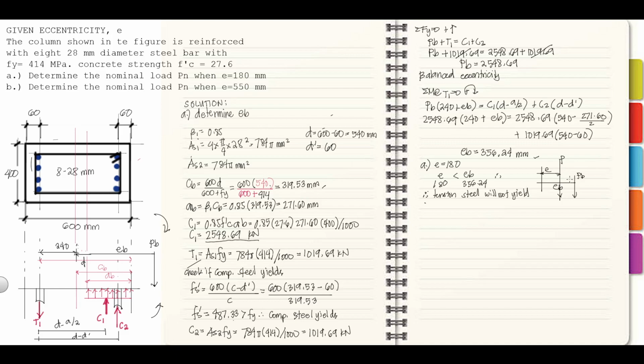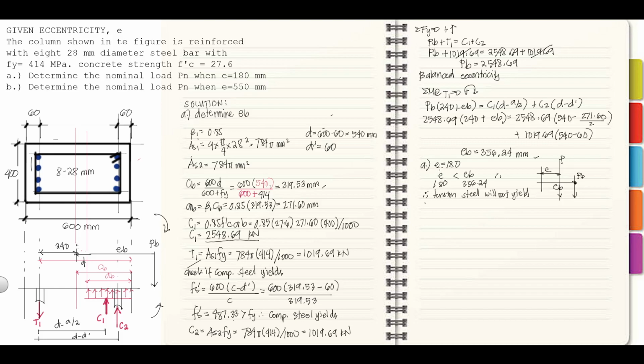Right? Take note, saka lang mag-yield yung steel natin pagdating sa E balance. No? Pag i-load mo na sa E balance, mag-yield yan. Alright? Pero dito, less than pa siya. Ibig sabihin, hindi pa mag-yield yung tension steel po natin. Okay? Yun yung indication natin. Okay? Kaya kinuha natin yung E balance.